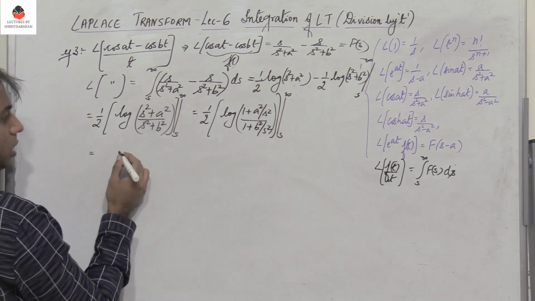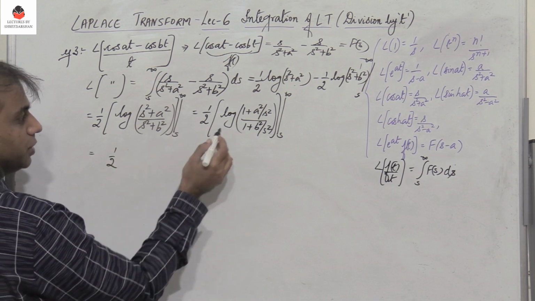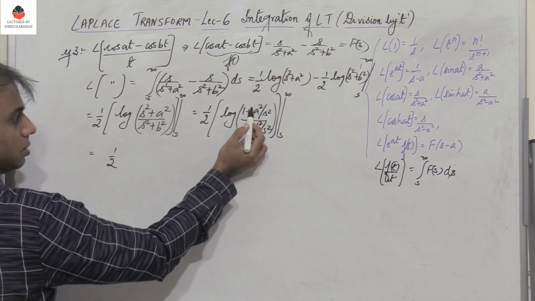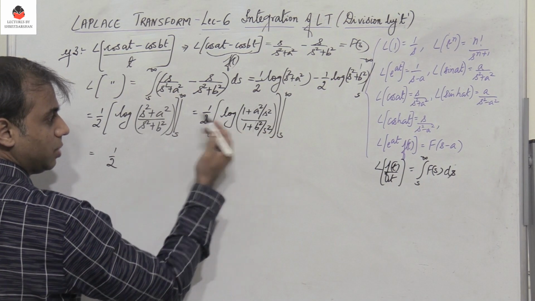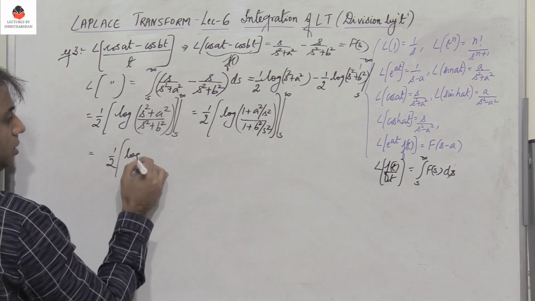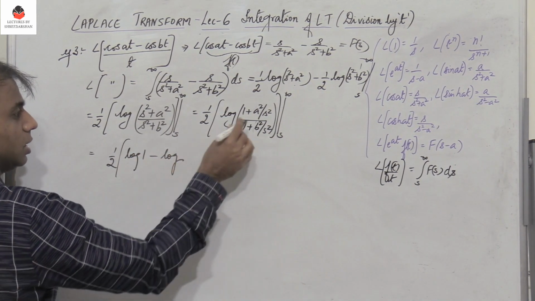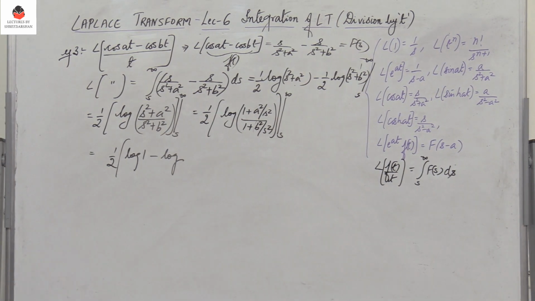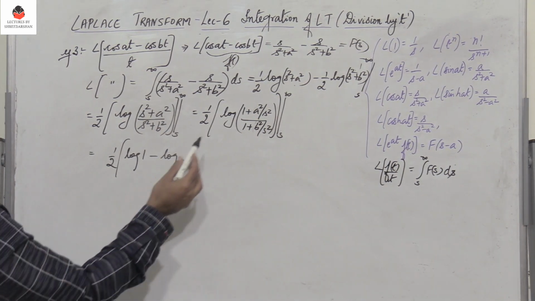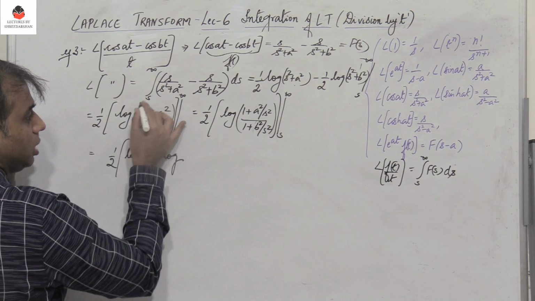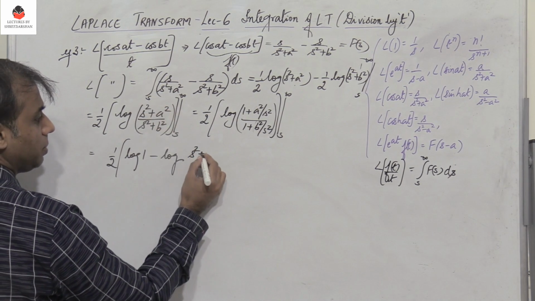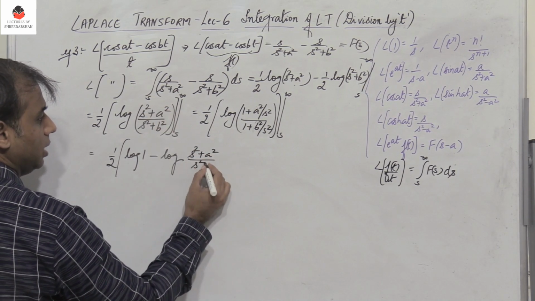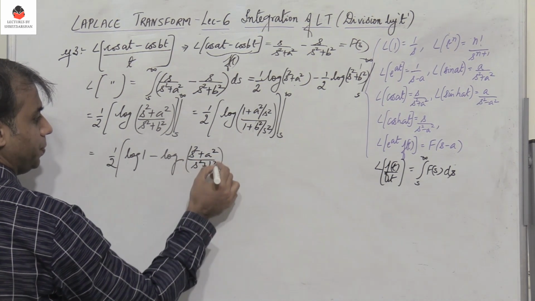Now when I put s equal to infinity, I get log 1, because a square by s square becomes 0 and b square by s square also becomes 0. So you get log 1 minus log, again put s equal to s, so you get the same term. Ultimately you would get the same expression, s square plus a square divided by s square plus b square.